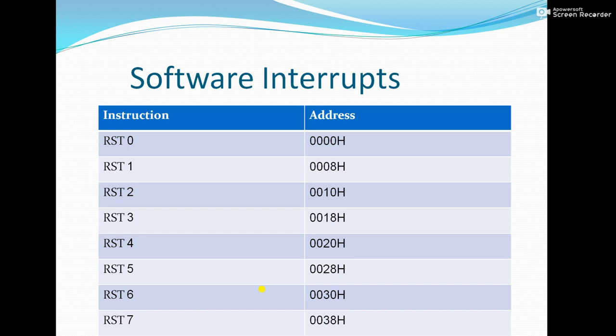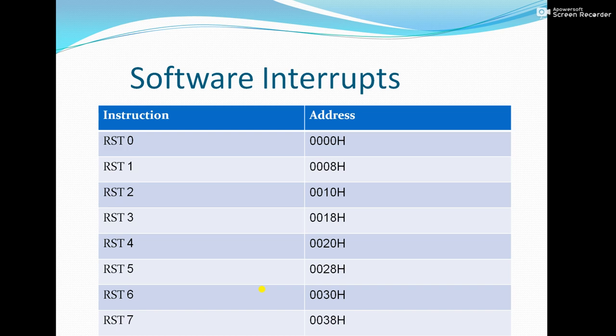Vector address for RST3 is 0018H. For RST4 is 0020H. RST5 is 0028H. RST6 it is 0030H, and finally for RST7 the vector address is 0038H, and the vector addresses are calculated the same as we have seen earlier.